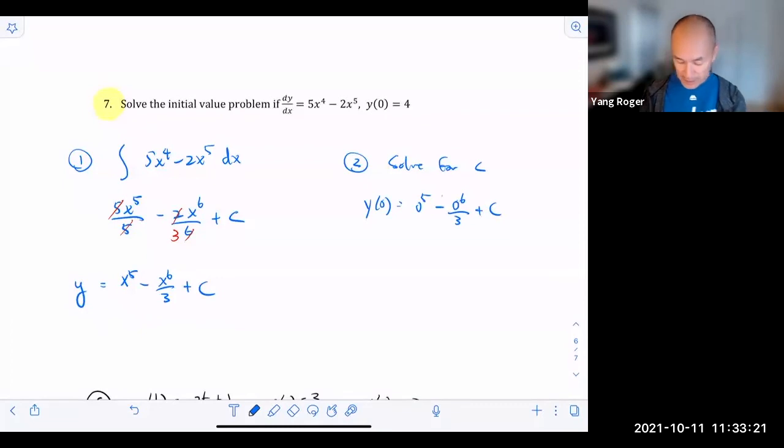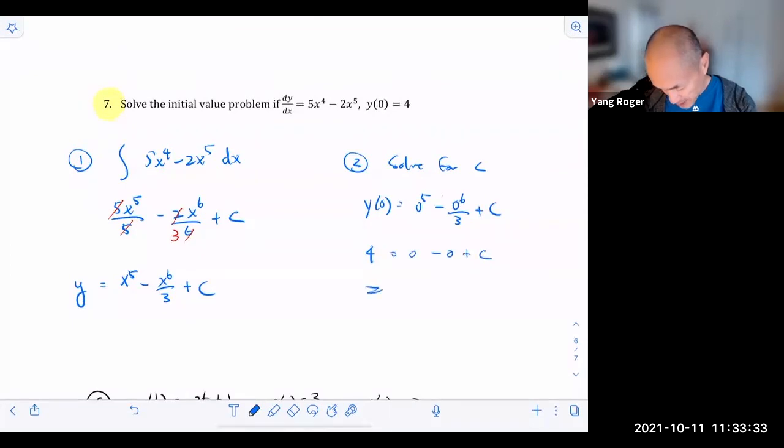So I just plug in 0 into the antiderivative anywhere I saw x. Now y of 0, they tell us this is equal to 4. So that's going to be 4 equals 0 minus 0 plus c. This tells you c is equal to 4.